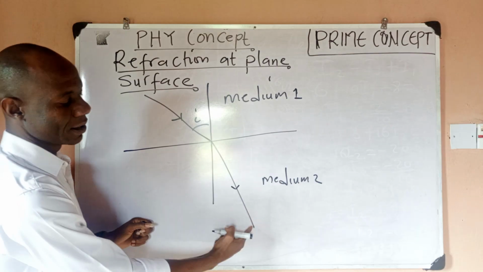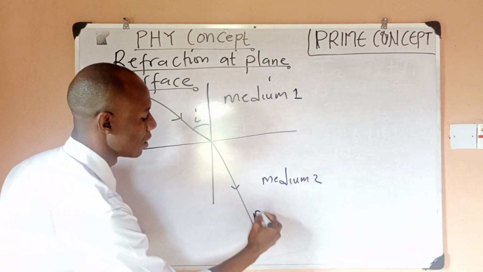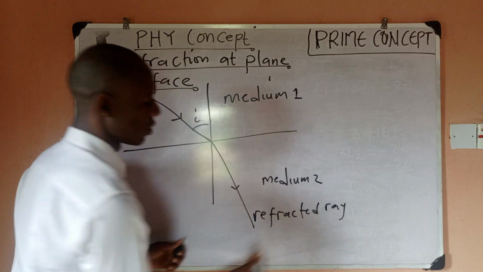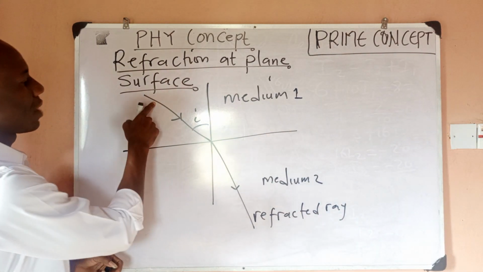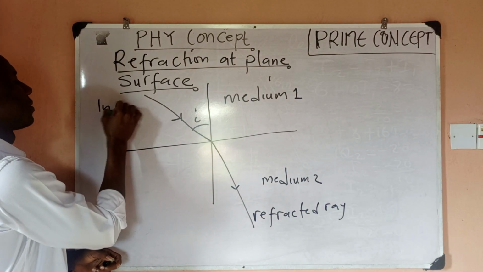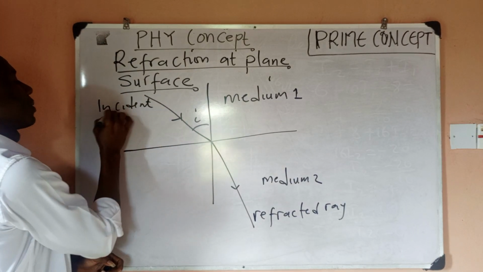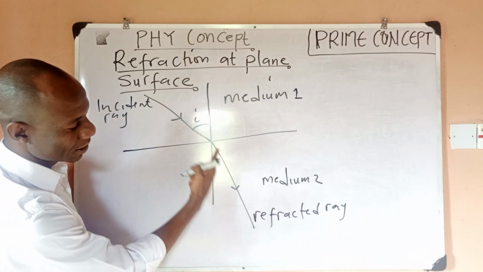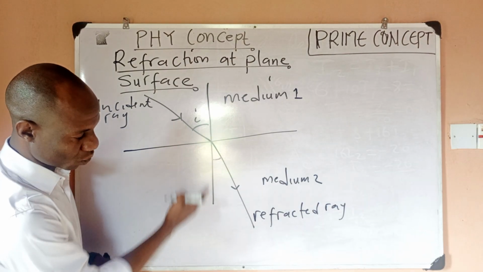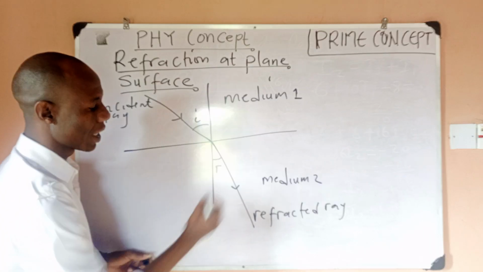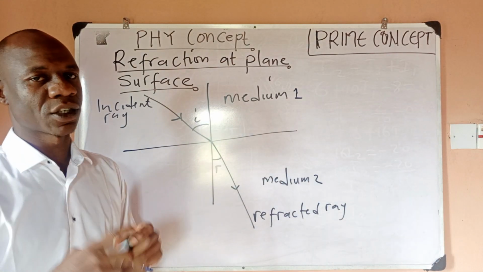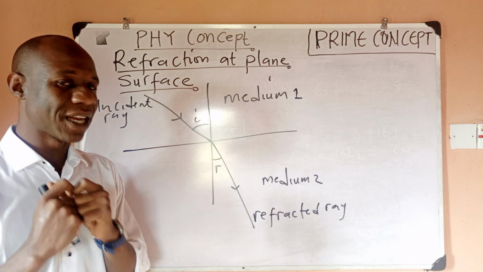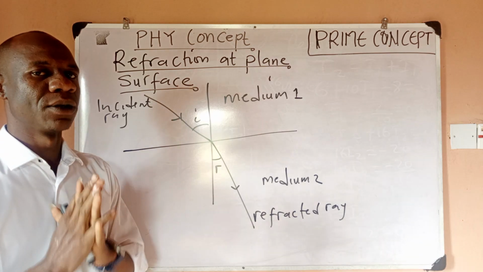This ray is what we call the refracted ray, while this one is known as the incident ray. The angle that the refracted ray makes with your normal is known as the angle of refraction. We denote it with small letter r, so don't mix it with reflection. So this is the angle of refraction.